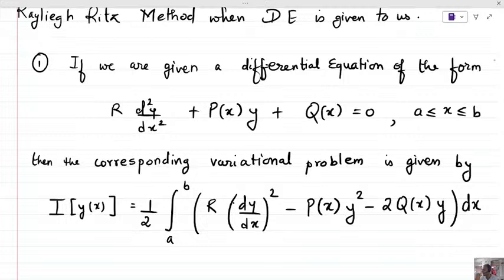This is the format that it will get converted to.